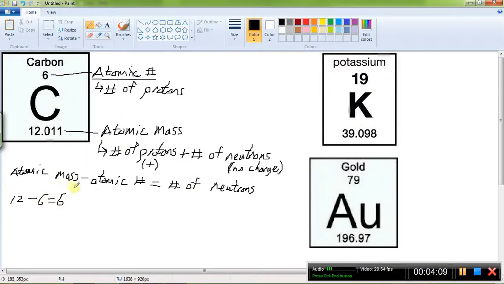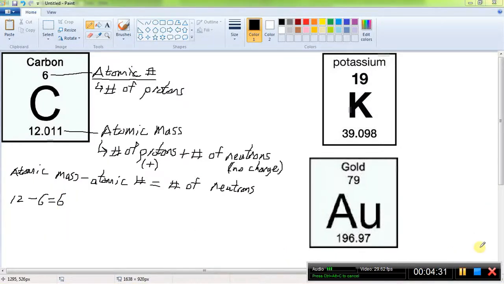So there are 6 neutrons in carbon, 6 protons and 6 neutrons. That's not always the case, as we'll see in a couple examples with potassium and gold. Sometimes there's a different number of protons and neutrons. Carbon just happens to have that 12 minus 6, so we have 6 neutrons and 6 protons.